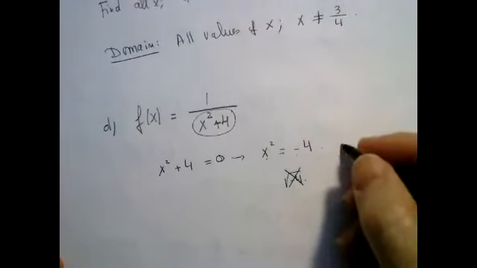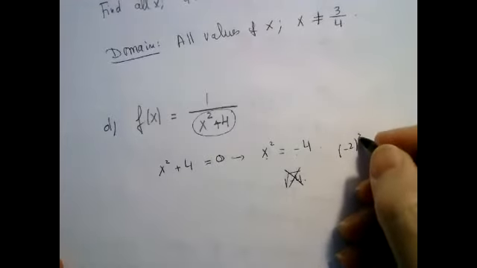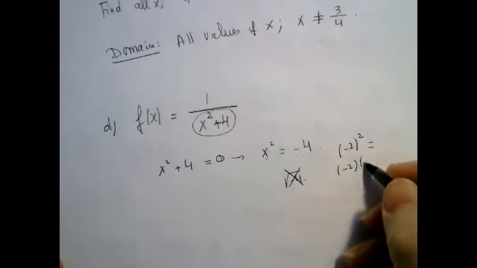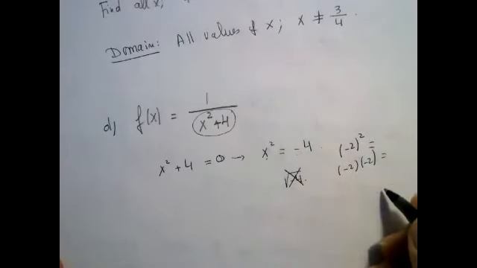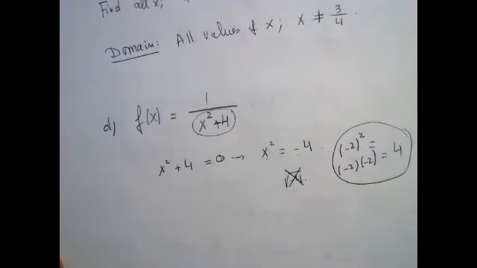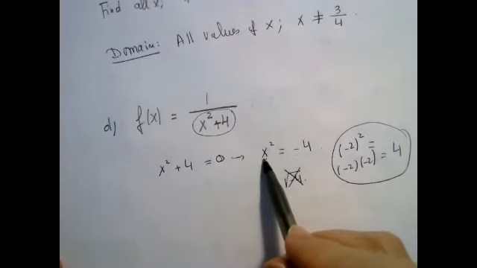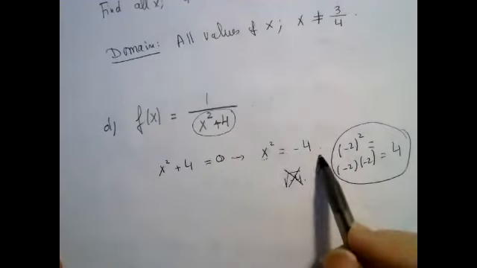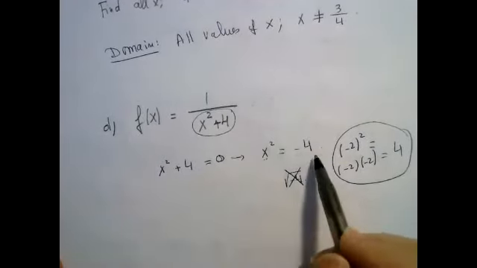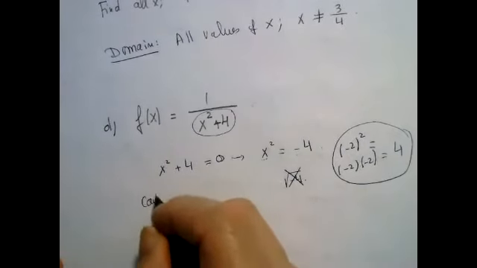And what's -2 squared? It's -2 times -2, which is +4. Right. So no matter what number you input, this cannot occur. So x squared plus 4 equal to 0 gives you x squared equal -4, but this can't occur.